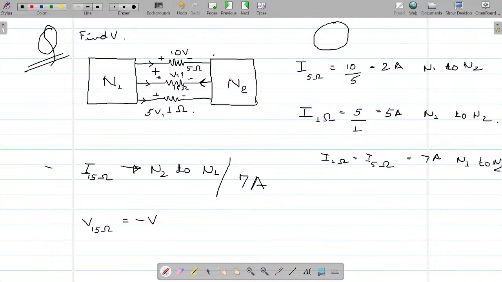So it is opposite of what was asked in the question. So V of 15 ohms is equal to minus V, which is equal to 7 into 15, where 7 is the current flowing and 15 ohm is the resistance. Tell me. 105 volts, or can I say V is equal to minus 105 volts?